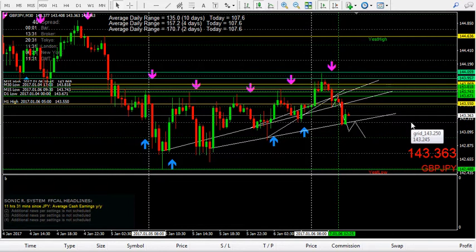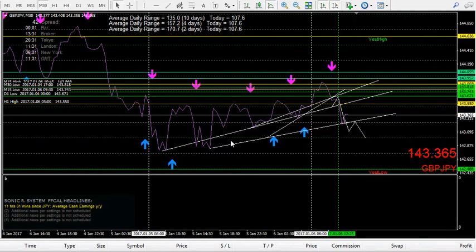So it coincided with the 143.25 level, but more importantly, in my opinion, it coincided with this ascending trend line here. As you know, I draw my trend lines differently. If you've watched previous videos, I've mentioned how I draw them. I draw them on the line charts, the close of the candles, or the average close, should I say, mean average.